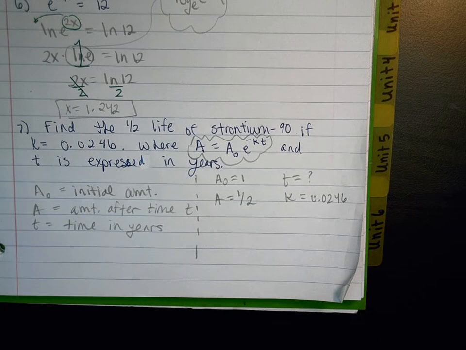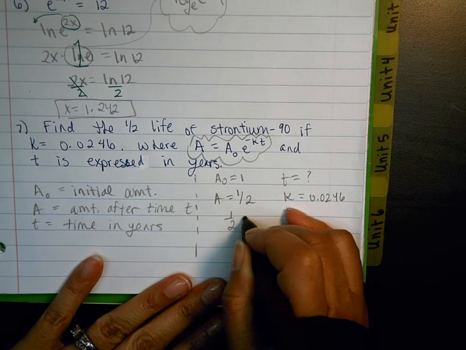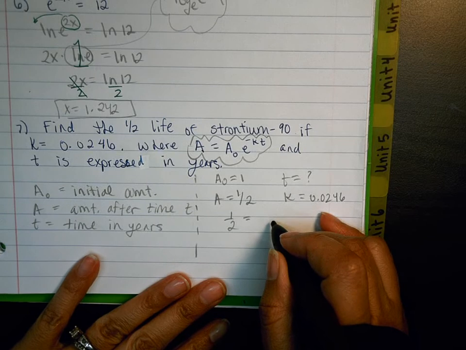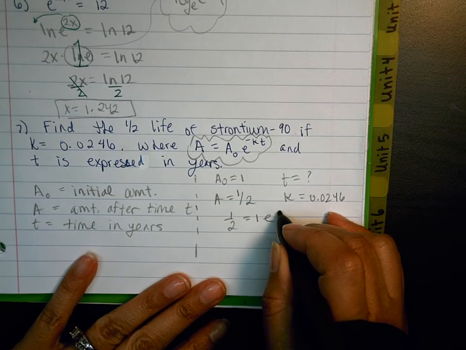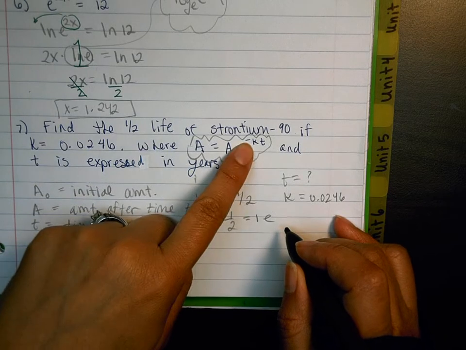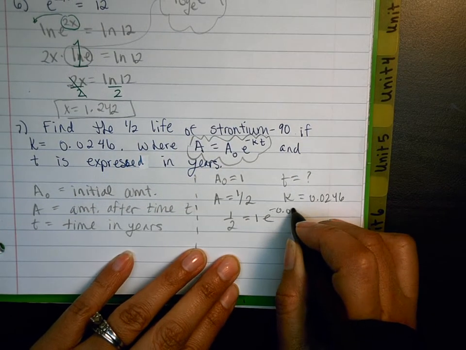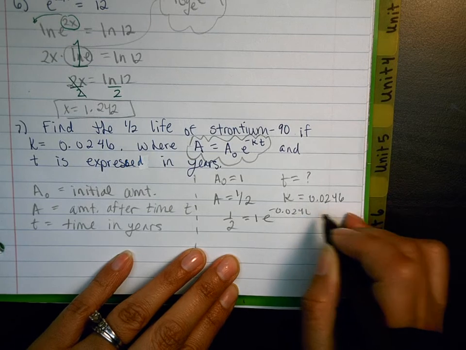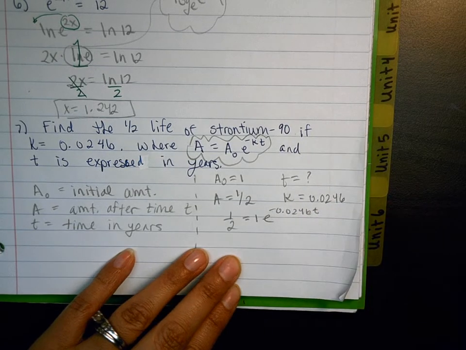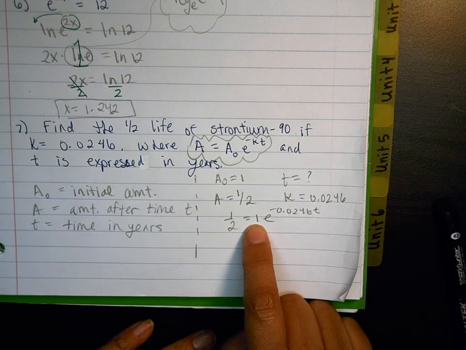All right, so our equation is 1/2 equals 1 times e raised to the negative k, so negative 0.0246 T. Okay, at this point, I would divide both sides by whatever that amount is there.